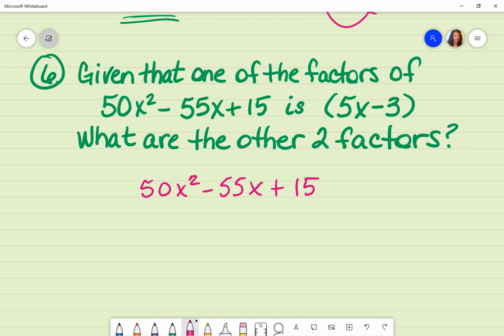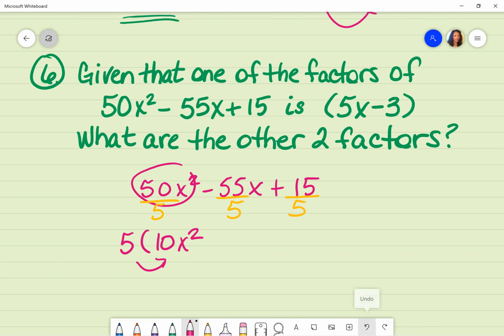First thing that I notice is I can divide out a greatest common factor because it's already in standard form. So I'm going to divide everything by 5. I don't have a variable to divide out because the last term does not have a variable. So 5, whatever I divided out, goes on the outside. 50 divided by 5 is 10, and I'm still left with x squared. So when I multiply this out, I should end up right back where I started.